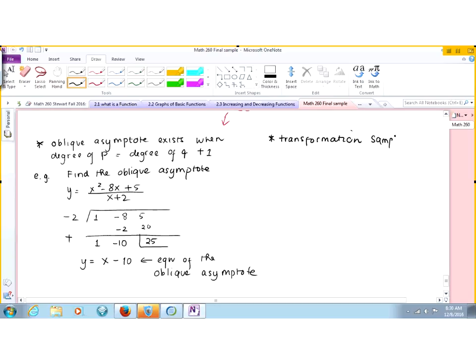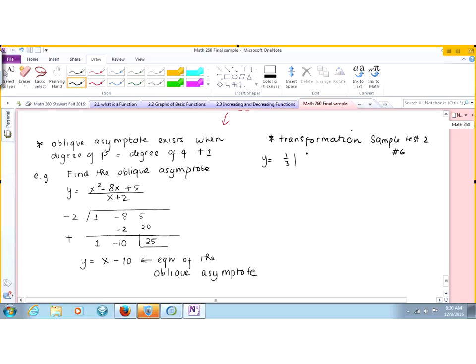So this is like a sample test. Okay. All right. So y is equal to the absolute value of 1/3 x.